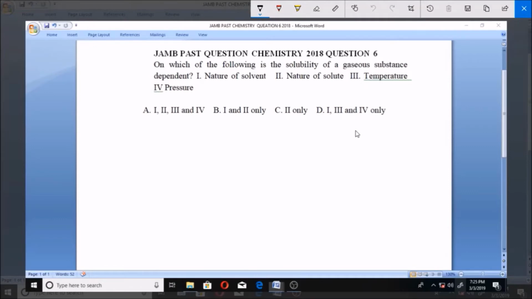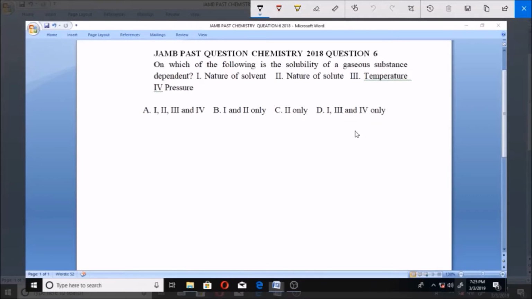So what is the correct answer to this question? For us to fully understand this question and be able to take very good care of it, we need to first of all know the factors that determine the solubility of gases.